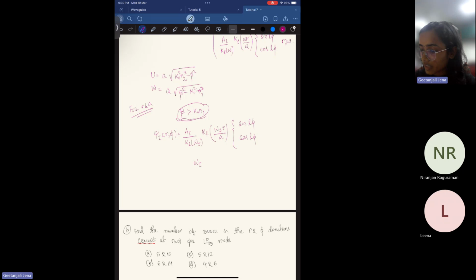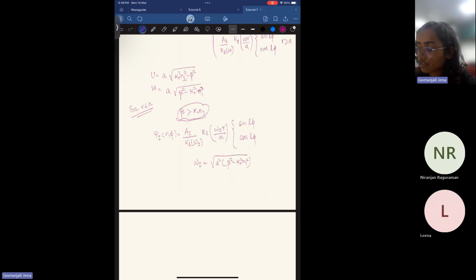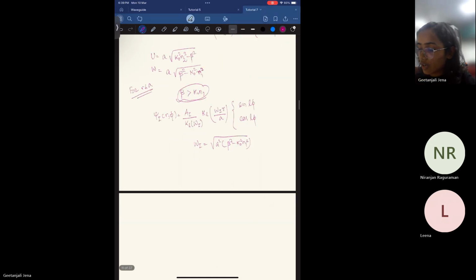What is the value of W1 here? It is square root of A square beta square minus K0 square N1 square. So be careful whenever you are writing equations for this kind of optical fiber. Don't confuse between N1 and N2. Depending on the refractive index profile, we can have different values of W in different regions.